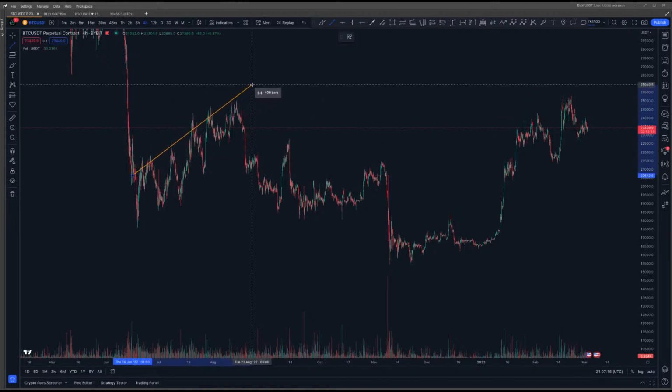So first and foremost, the important thing for me is it's all about data points, right? I'm going to use the term data points in the sense of each time a candle or a wick touches a point, I will class that as a data point.